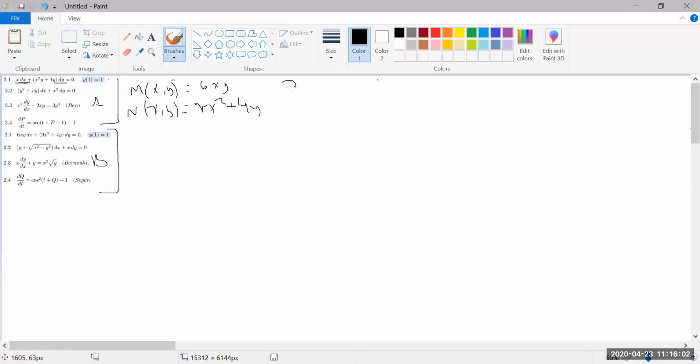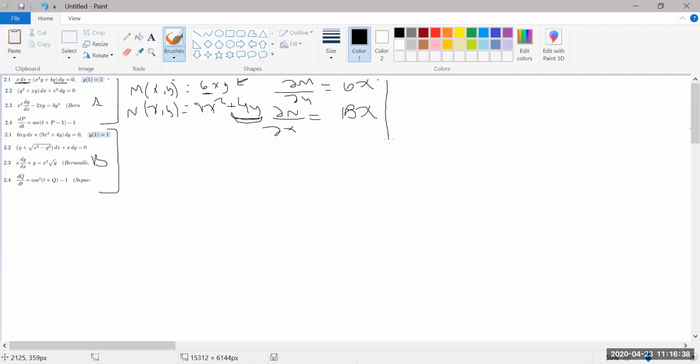So we're going to take the partial of M with respect to y. When we do that, we get 6x, because again, this is like a constant, and we have one y term. Now we're going to take the partial of N with respect to x. And when we do that, we get 18x, and our constant here goes away. Obviously you can see that these are not exact, so let's start solving for our integrating factor.